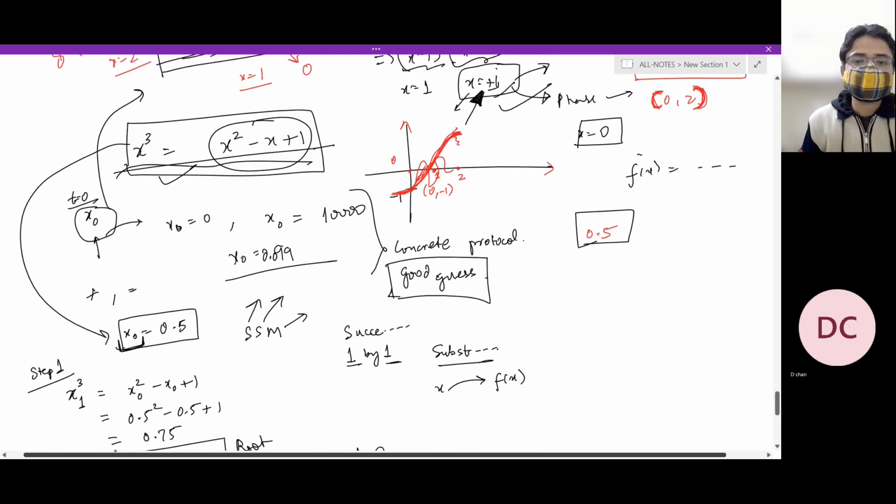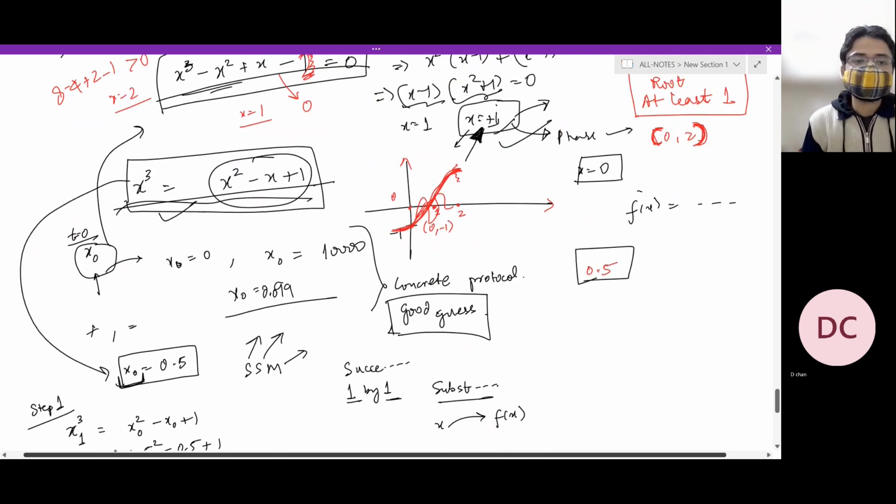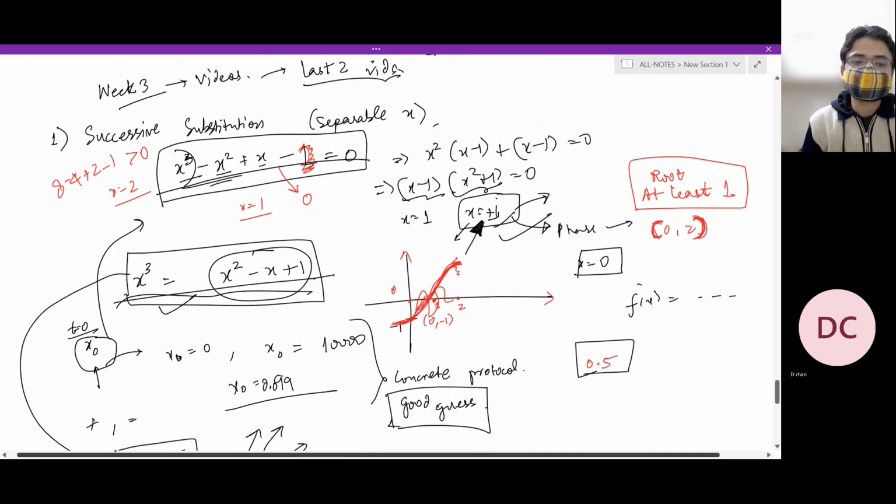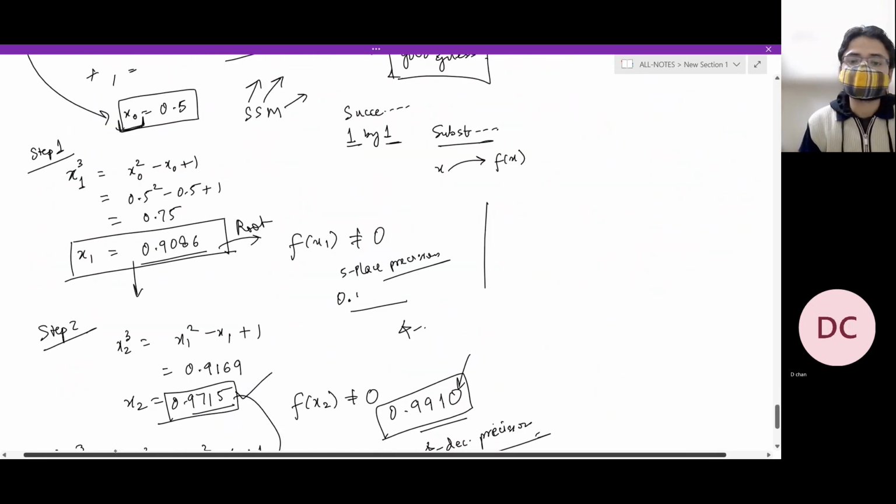Now, a natural question arises from this type of problem. You've got this function: x cubed, x squared, x, and 1. You only took x cubed equals x squared minus x plus 1, but what about the other possible combinations?